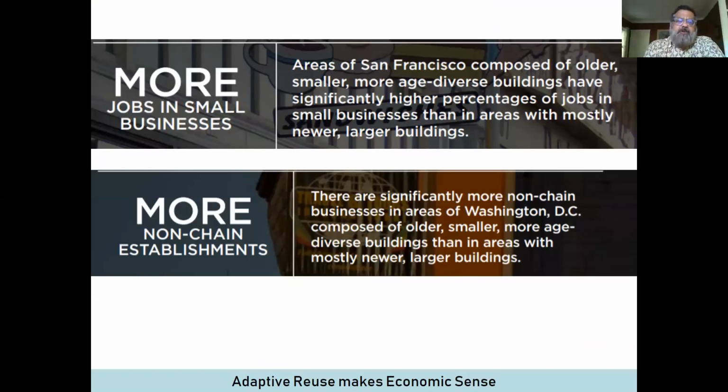Another reason why we continue to engage in adaptive reuse is because proponents argue that it makes economic sense. In the last 3-4 decades, reuse of old buildings has been seen as a favorable alternative to demolition or new construction.